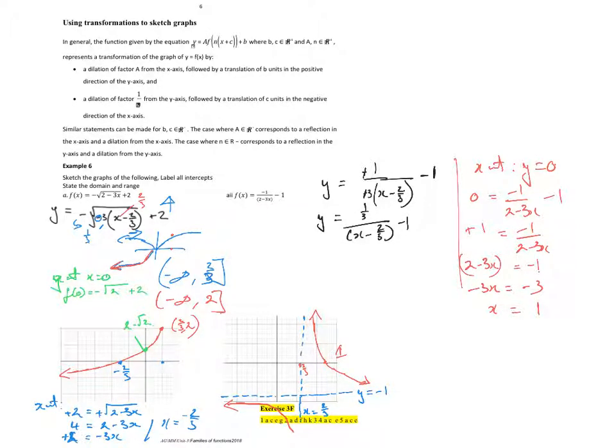Let's go for the y-intercept and put x equal to 0. So I'll get y is equal to -1 over 2 minus 0 minus 1. So y equals -1/2, which equals -3 on 2.